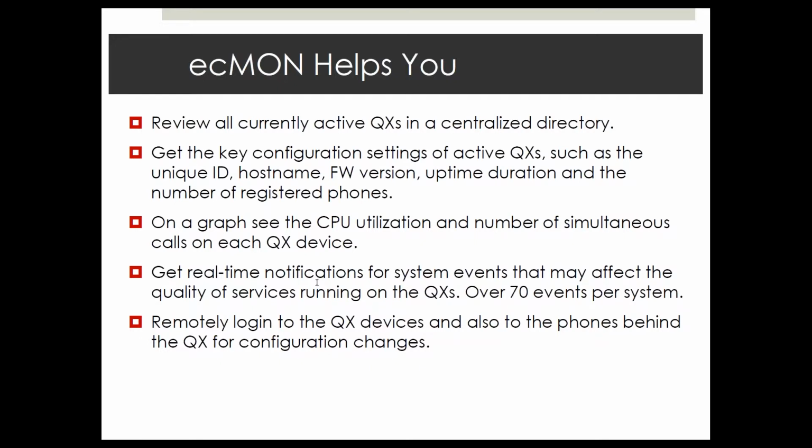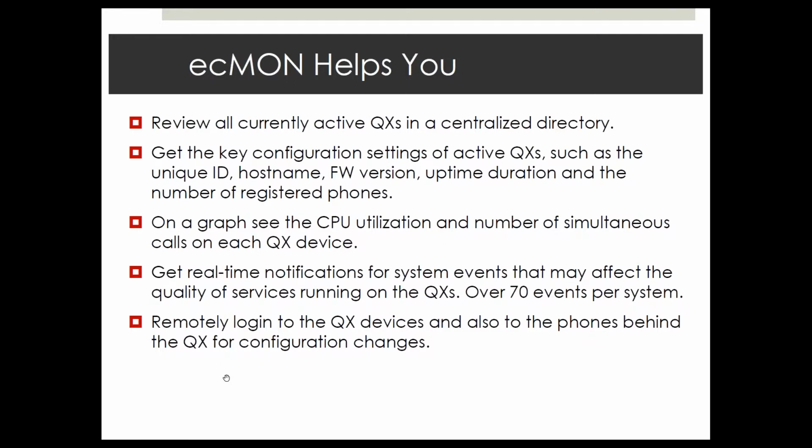You can see some basic settings such as what firmware version you have, the unique ID, the host name you assigned to it, how much time that device has been up, or in the case that it is disconnected, how much time it has been disconnected. It also shows you the number of registered endpoints, registered phones that you have on the system.